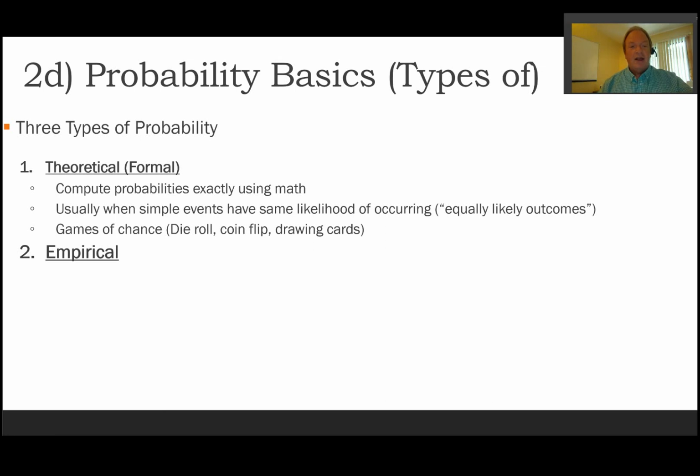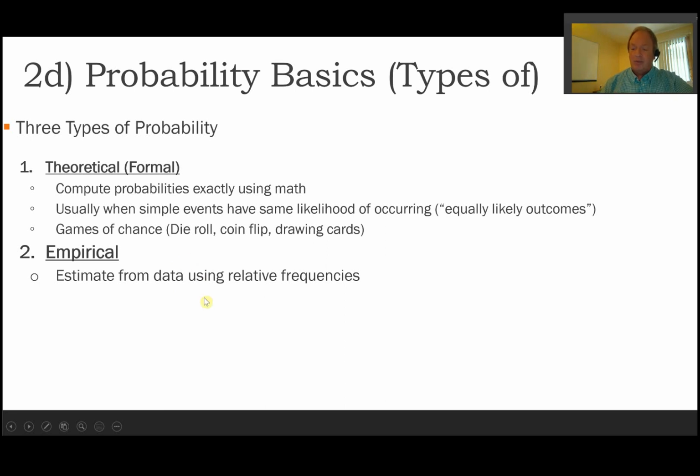Okay, we're going to talk next about what we call empirical probabilities. And this is the way we compute most probabilities in the real world. We use data and we compute a relative frequency to estimate the actual probability. Suppose, for example, I want to know what is the probability a person's going to get cancer. There's no formula for this. This is not a theoretical probability.